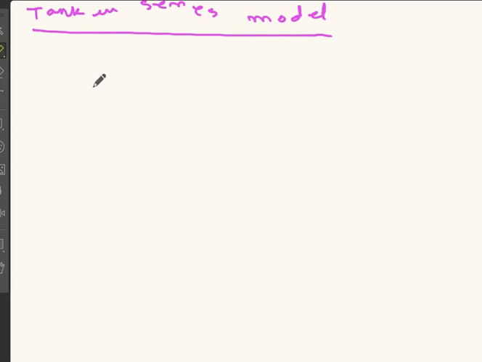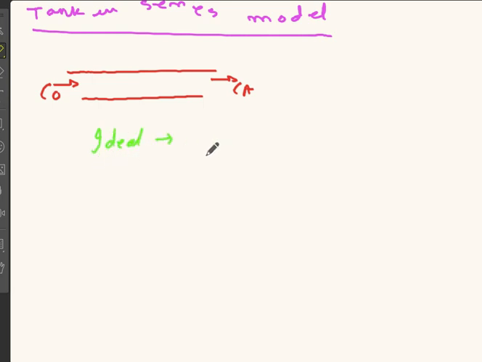Okay, now consider a PFR that has some concentration C naught and an exit concentration C. Now, in the ideal case, what we consider is that there is an element at that single point of time where the reaction is actually taking place. As we move forward, each element has its own conversion.